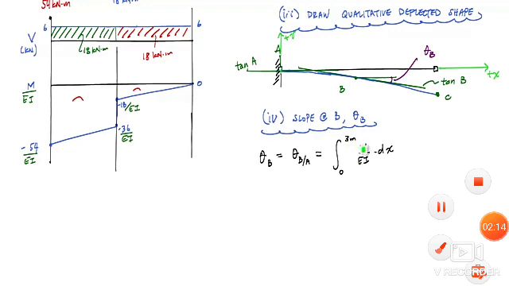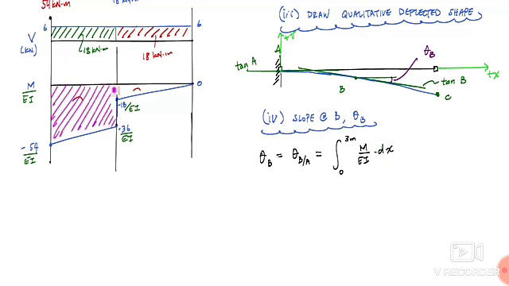So whatever we have, the area from A to B, from here to here, this much area represents the change in slope from point A to point B. So I can easily find it.